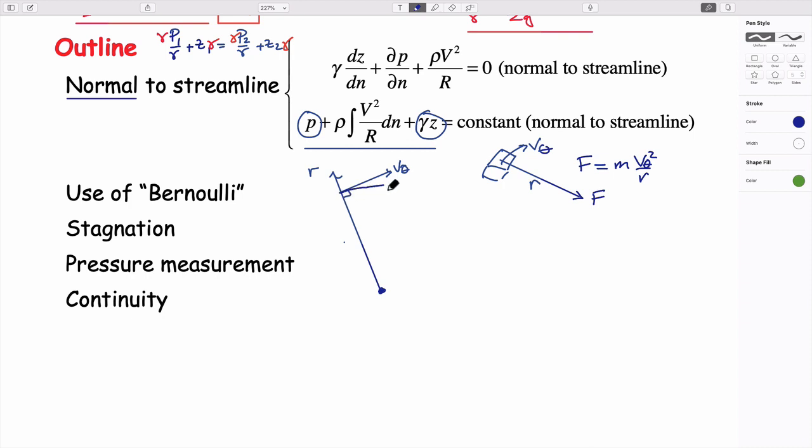It's going around an arc. It's not a very good arc, but let me draw an arc. And this arc looks like this. And if you look at the velocity, there's a streamline velocity, which is equal to this v theta.